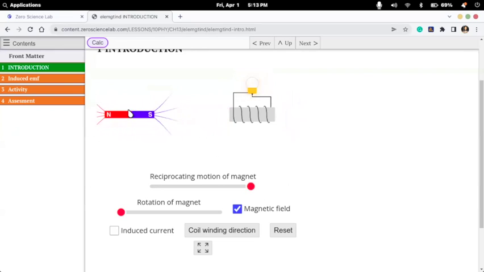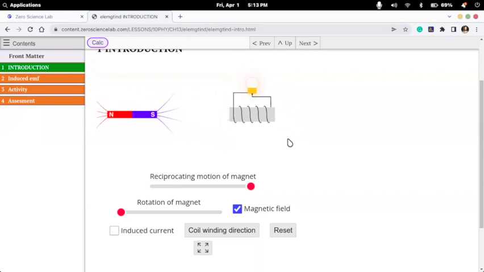Because of this movement of the magnet towards the coil, how is the coil behaving? This coil is also behaving like a magnet, right?